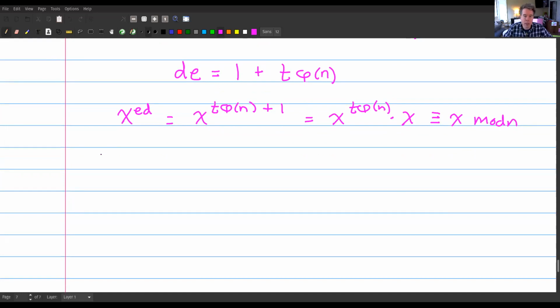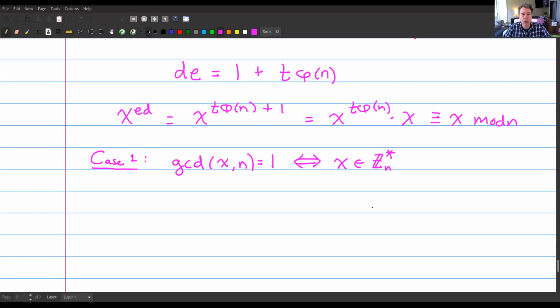There are two cases. One of them uses the material we were talking about at the beginning of class. Here's case 1: the GCD of x and n is equal to 1. This is the same thing as saying that x is a member of Zn star.